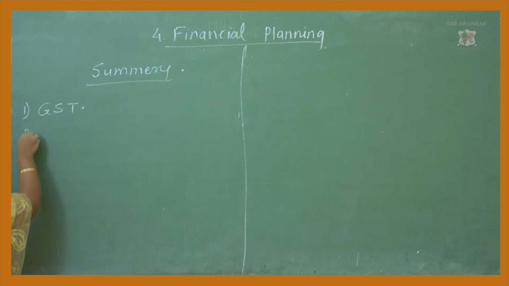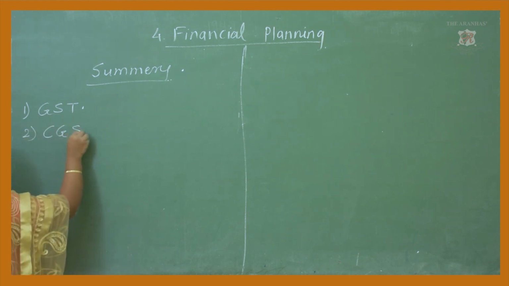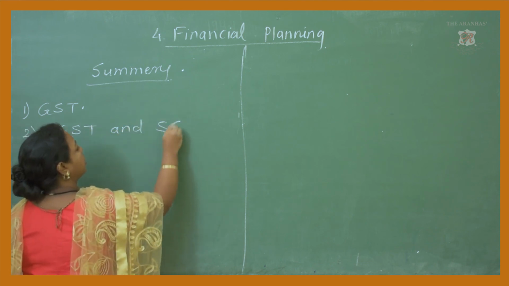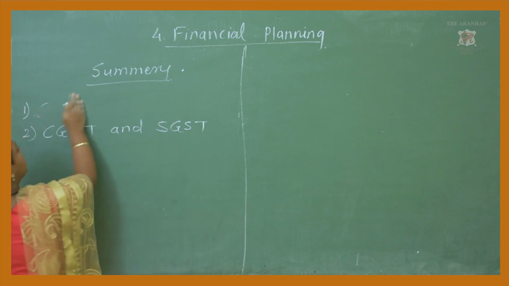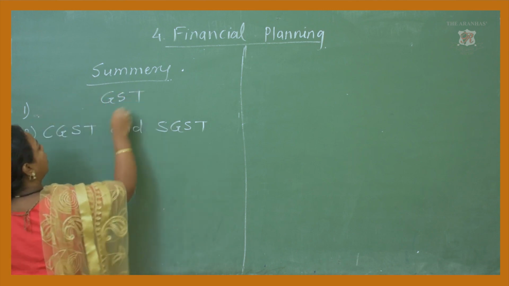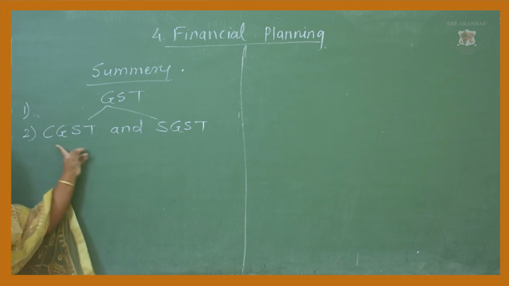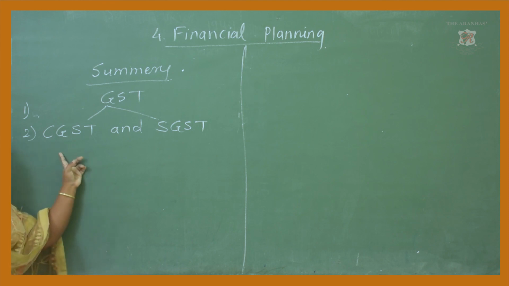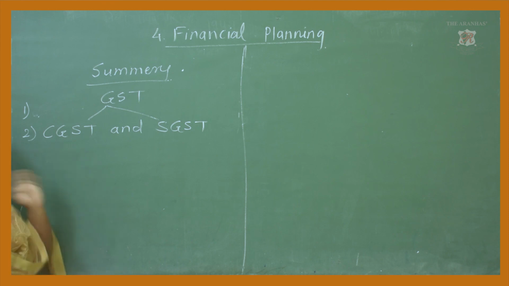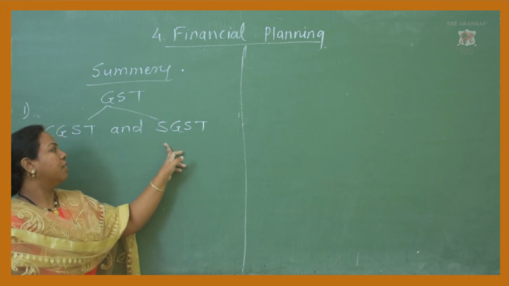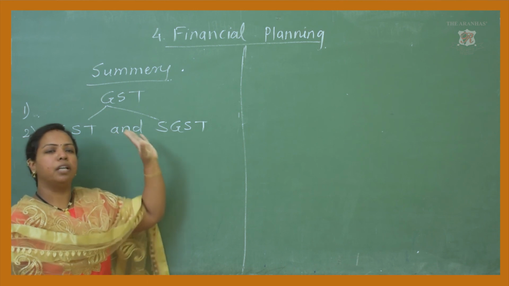There are two components of GST, CGST and SGST. CGST is Central Goods and Service Tax, which is to be paid to the central government, and SGST is State Goods and Service Tax, which is to be paid to the state government.